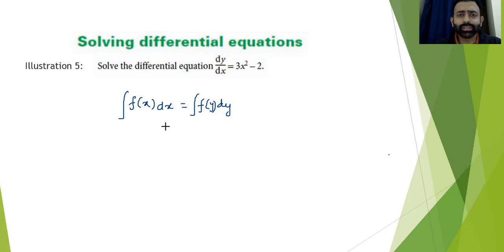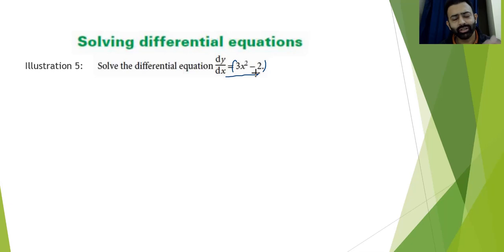So to solve the given equation, written as dy by dx, I can transfer this dx to the right side with 3x squared minus 2, and regard 3x squared minus 2 as a function which involves the x variable. You might ask about the 2, because it does not contain x.